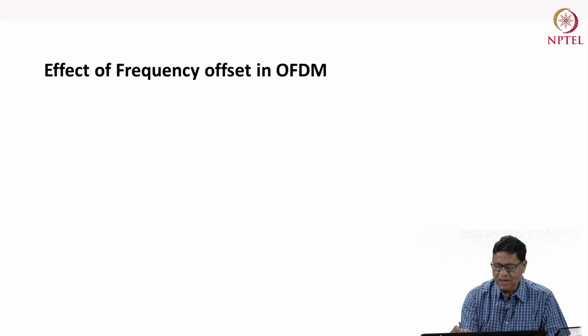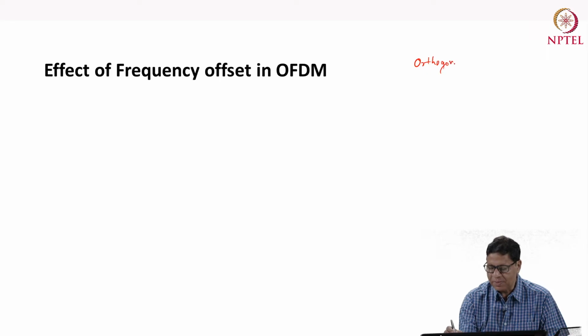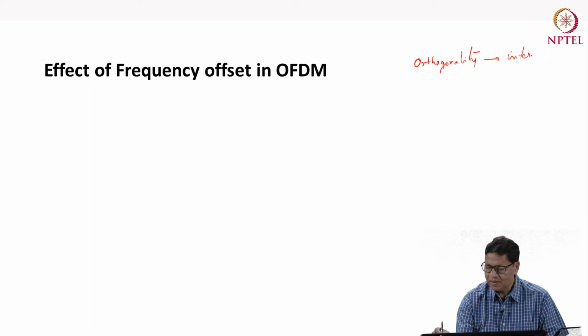So basically, if there is a frequency offset in OFDM, then you may lose orthogonality of the subcarriers. This will introduce interference, and this is going to affect your signal to interference noise ratio.